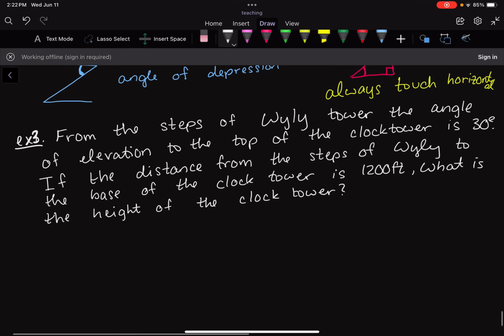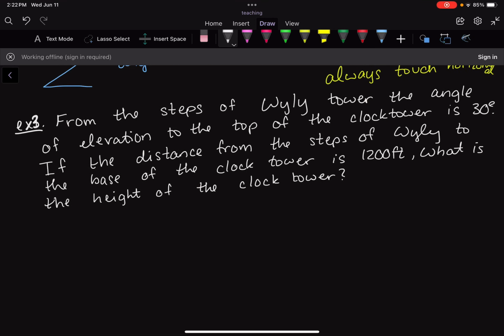So of course I recommend pausing, that way you can go ahead and write this down, but I am just going to go ahead and get started. First, I always like to draw a little bit of a picture, as best as you can. So Wiley Tower, we'll draw it here, and I got these steps.